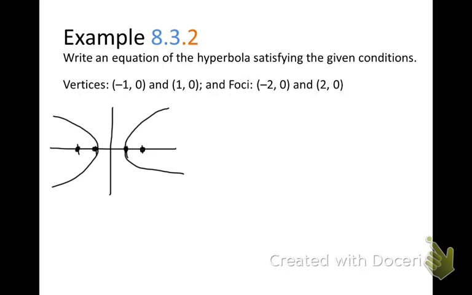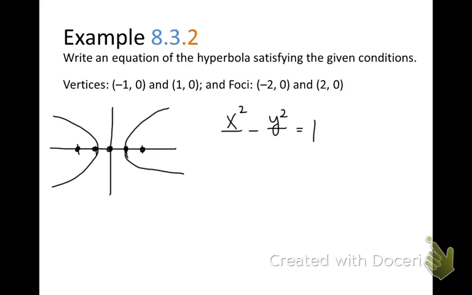Your center is at 0, 0. So knowing where the center is, 0, 0, and also knowing that it's horizontal, how can you start your equation? X squared needs to be positive because it's horizontal. And I don't need to subtract anything from my x value because it's at 0, 0, and same with the y squared, right? And then that should all equal 1.